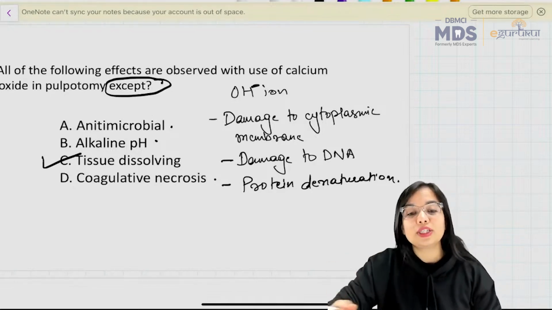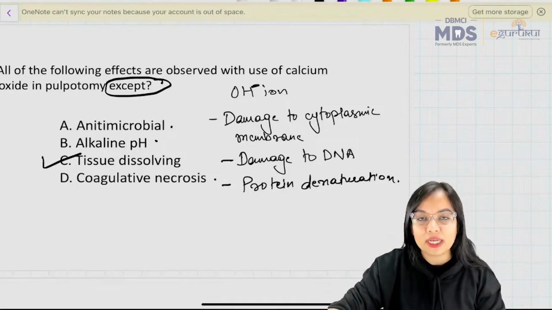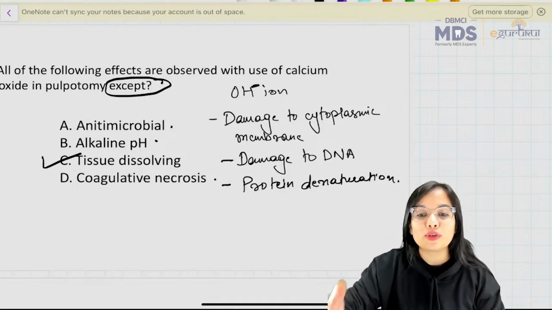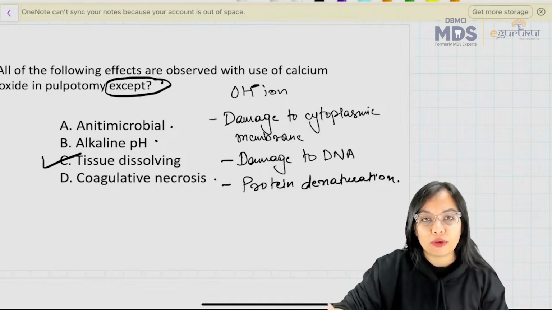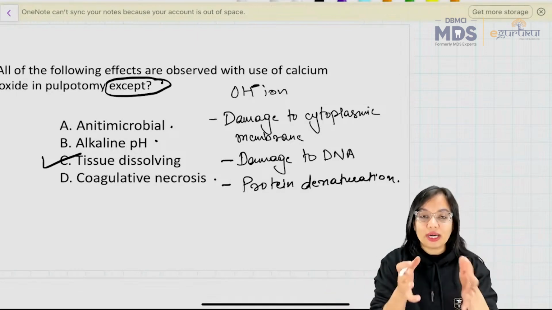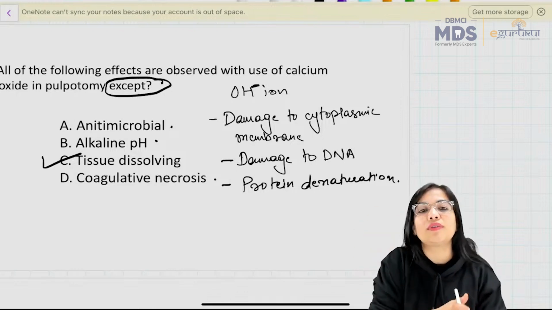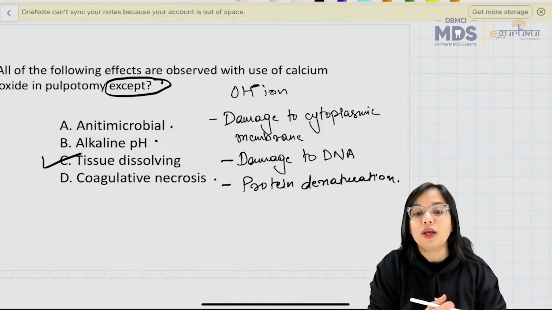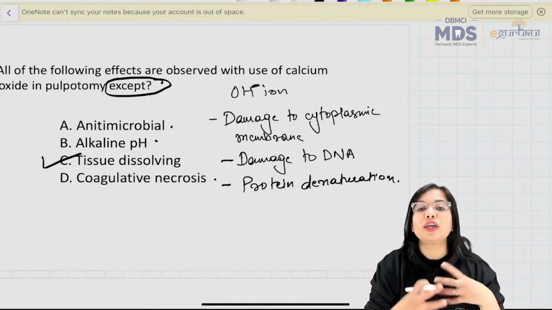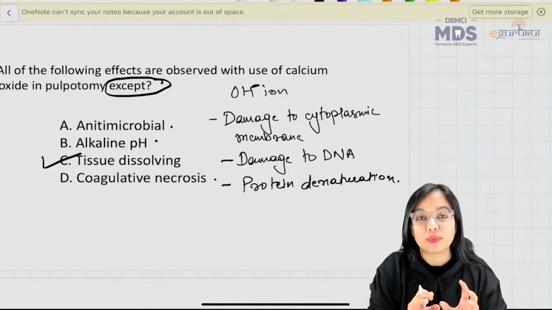Okay, then calcium hydroxide helps in mineralization and repair due to its high pH. A superficial layer of necrosis is observed and it acts as a stimulant for hard tissue formation. When in contact with the vital pulp, so you are placing calcium hydroxide directly on the vital pulp when you're doing a pulpotomy or a direct pulp capping, it causes coagulative necrosis beneath the calcium hydroxide due to its high pH.